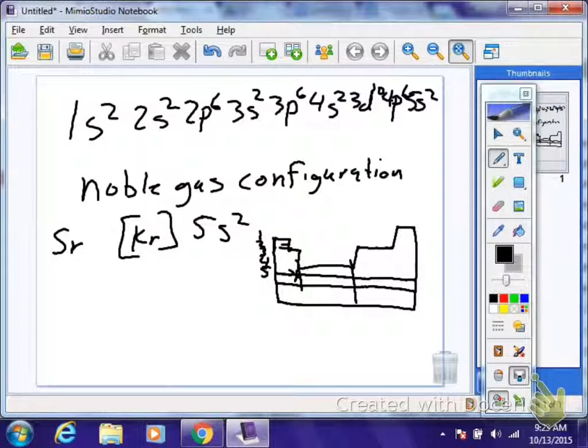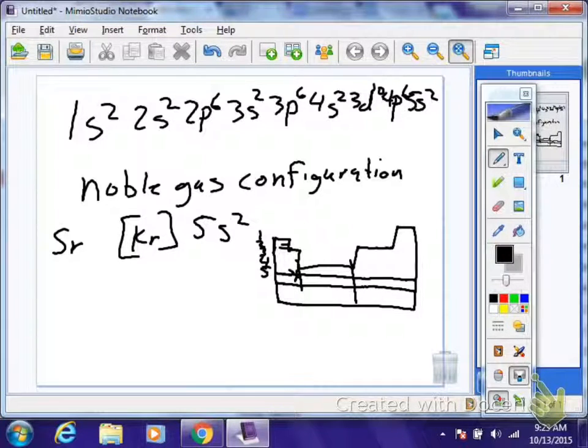S's are always our starting point. And then it could be D's next if we go down far enough, or sometimes it's P's. If it's periods 2 and 3, then P's would follow, because there are no D's we have to go through. But once we get into the 4th row across, then we start getting into D's. And we'll get to one of those with molybdenum.